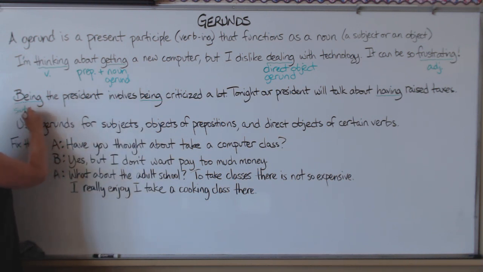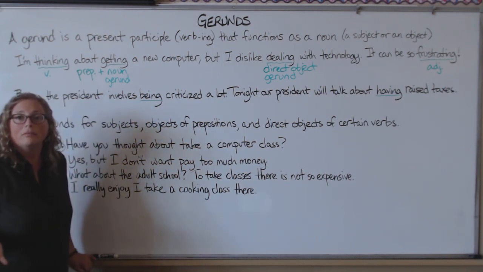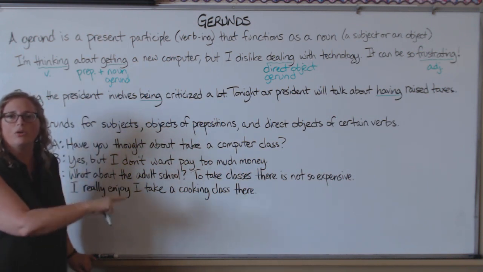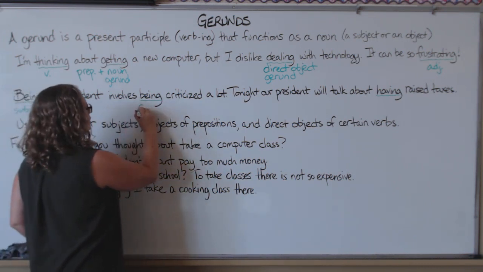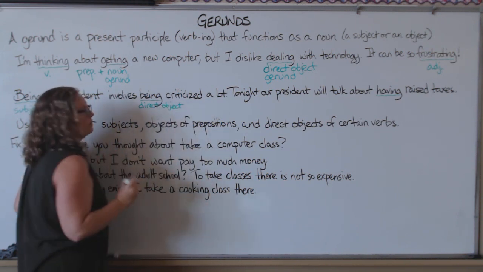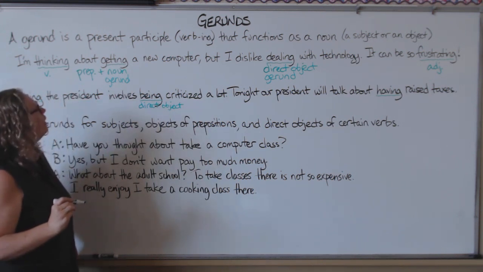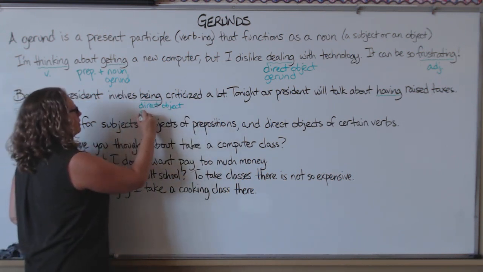Then you can look for the direct object. Being the president involves what? Being criticized a lot. This is the direct object. So, is it a gerund? You bet. Sure. It's a gerund. Gerunds are direct objects.